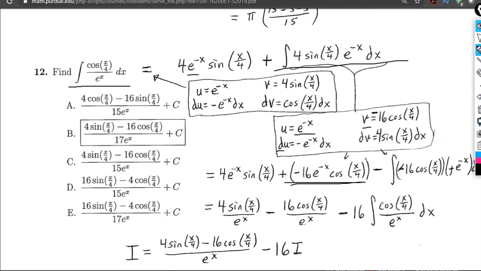Let me circle that with the yellow, and notice how that's the same thing as the original.